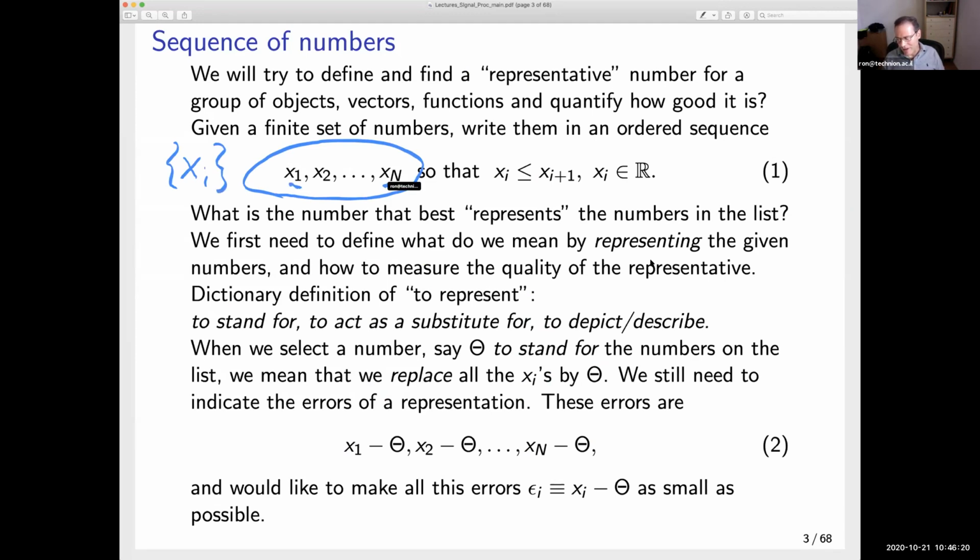And assume that some oracle is also ordering these, and these numbers are part of the real numbers, taken from, I don't know, minus 1,000 to plus 1,000. So I also limited the domain at which we are observing. And assume that some nice oracle also ordered them, so that xi is smaller than xi plus 1.